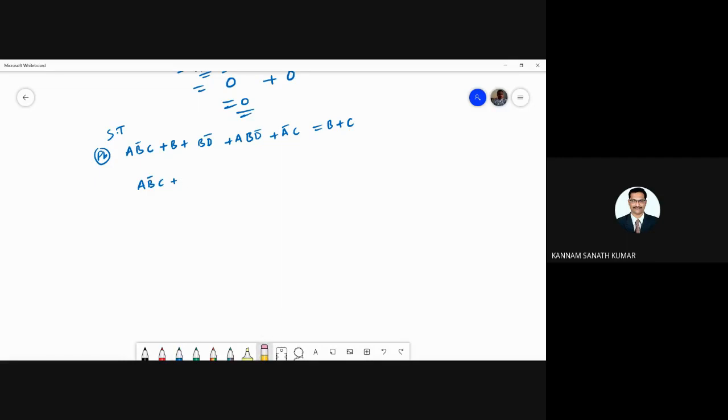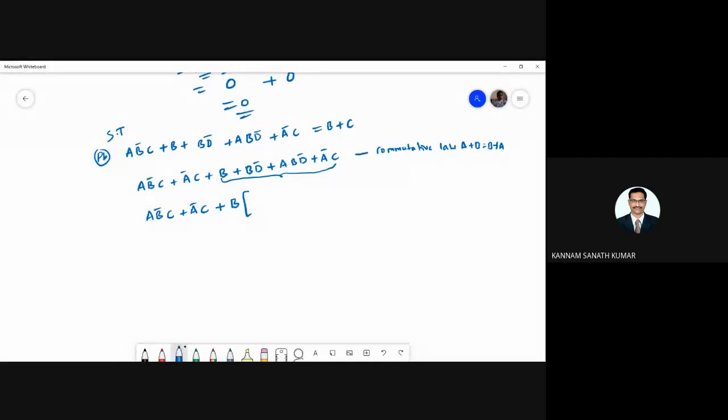So here you can write A bar C plus B plus BD bar plus AB bar plus A bar C, applying the commutative law. That means A plus B equal to B plus A. Now from these terms I can take B common.